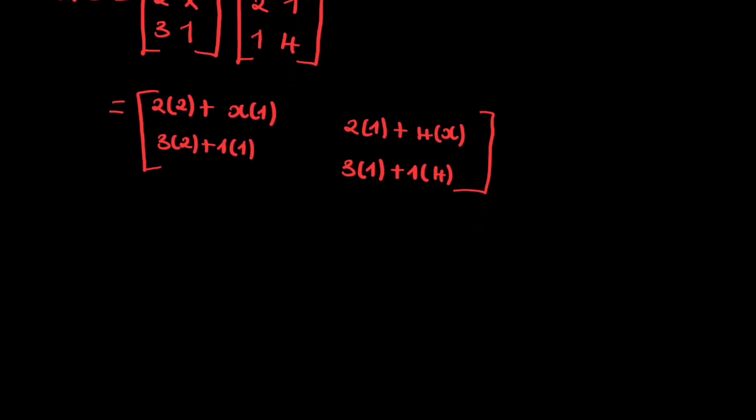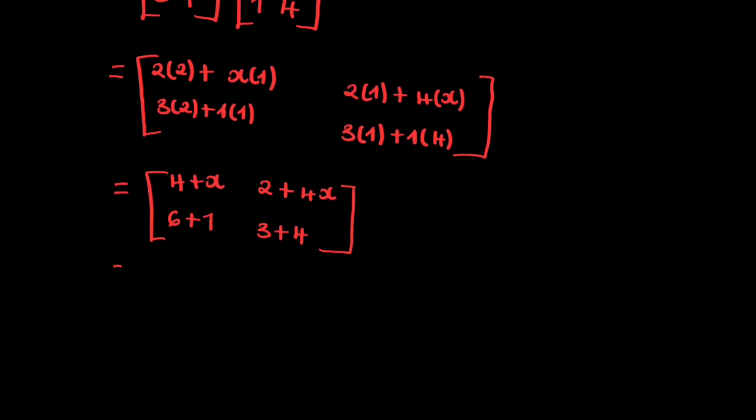Now we go ahead and simplify this. 2 times 2 is 4 plus x, 2 times 1 is 2 plus 4 times x, which is 4x, 3 times 2 is 6 plus 1, 3 plus 4.